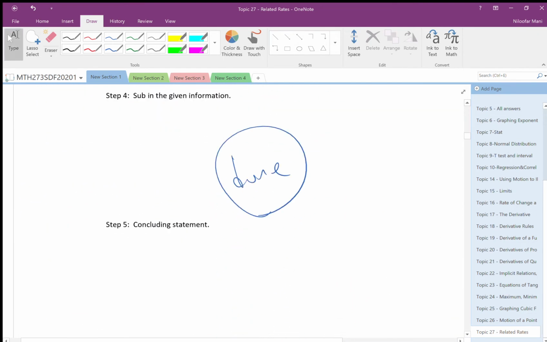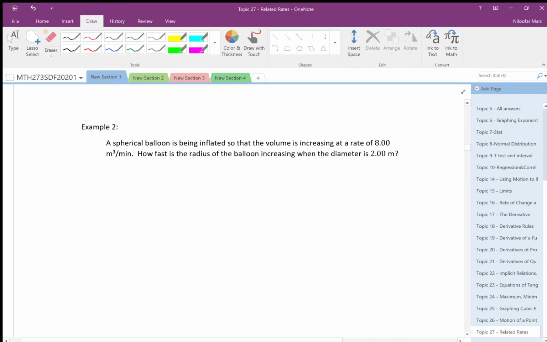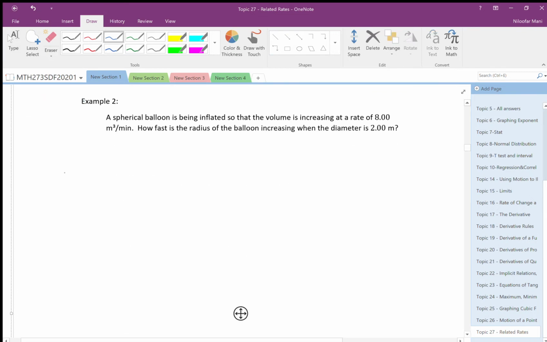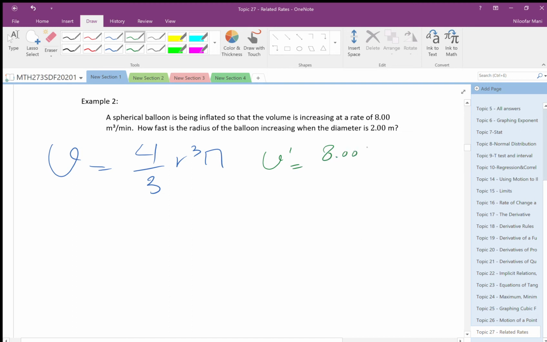Yes, 4/3. So I have V equal 4/3 r cubed pi. What do I have? V prime is 8 meter cubed per minute.